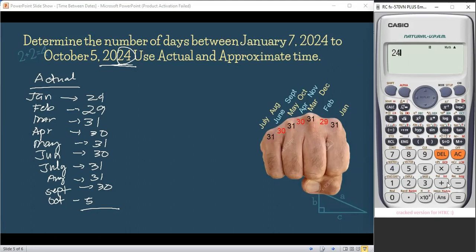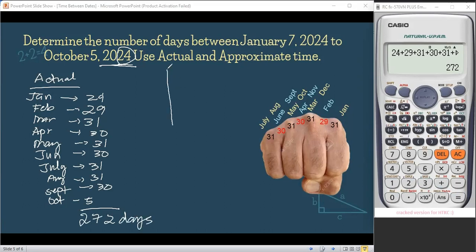We have 24 plus 29 plus 31 plus 30 plus 31 again plus 30 plus 31 plus 31 plus 30 plus 5. So that will give us 272. So for the actual time, we have 272 days.